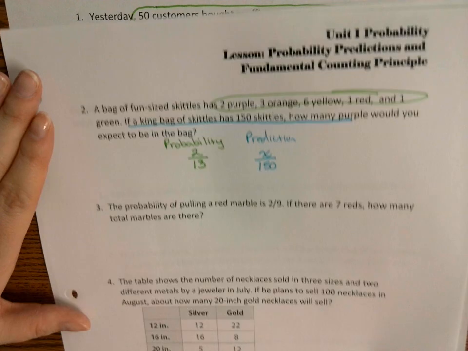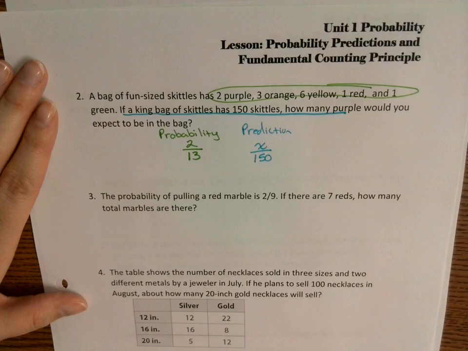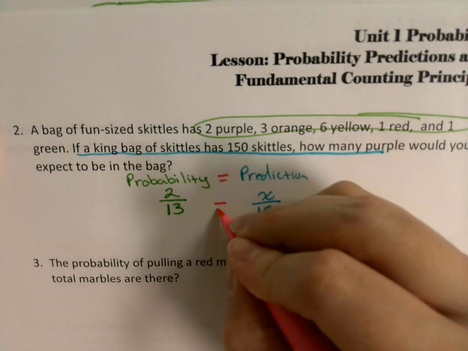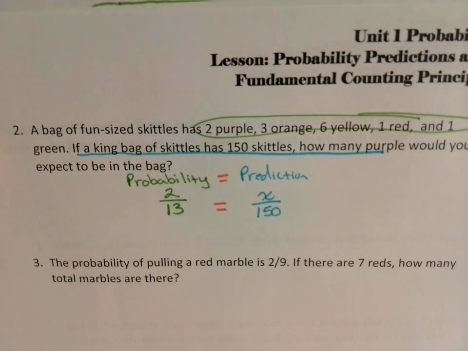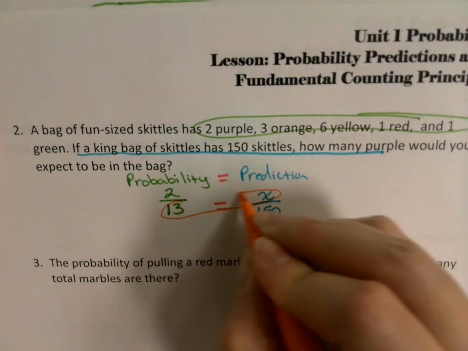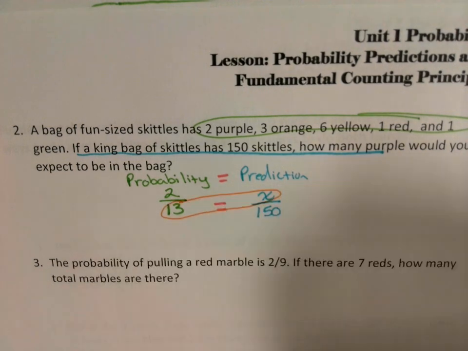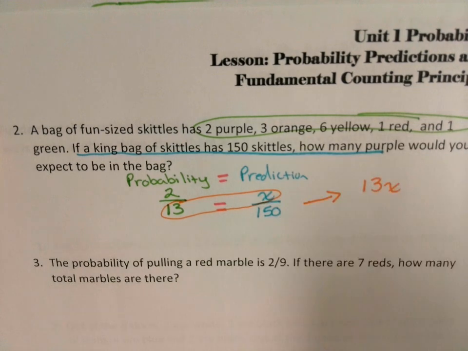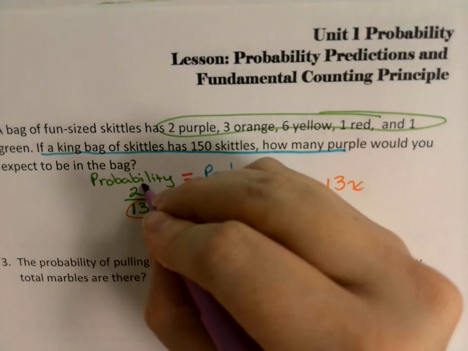And we're going to set these equal to each other so that we can then solve. We're going to do our cross product. We're going to multiply 13 times the x. I'm going to go ahead and just write that over here. We're going to get 13x. We're going to multiply 2 times 150. 2 times 150 is going to give us 300.